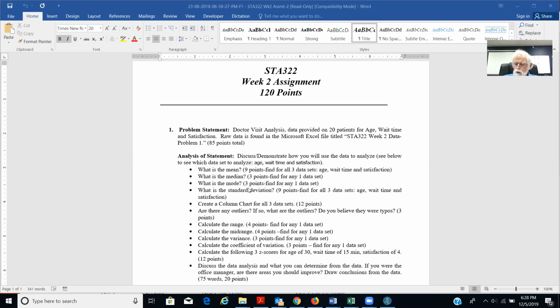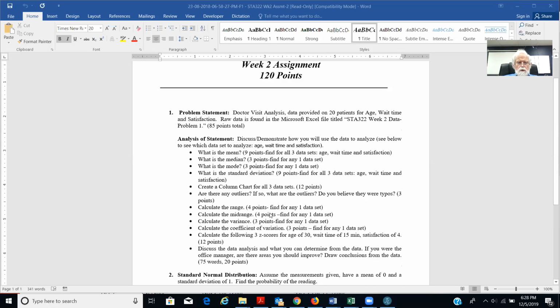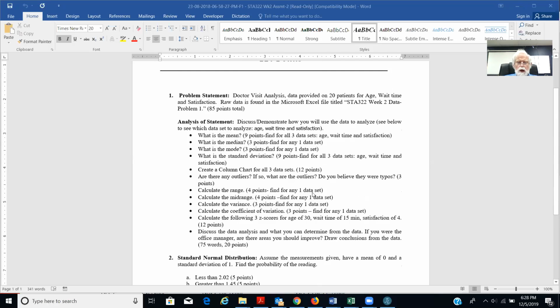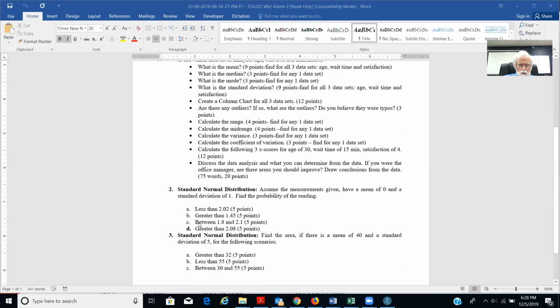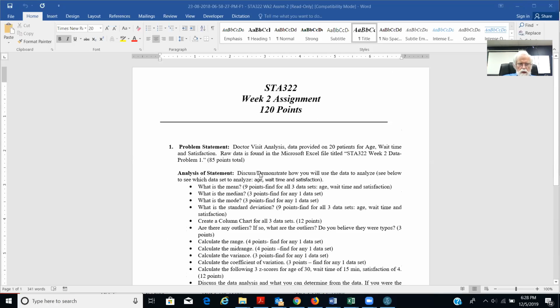And we'll look at z-scores as well. These z-scores are really a way of comparing, again, data sets. It's based on how many standard deviations away from the mean a data value is. We'll look at normal distribution as well.